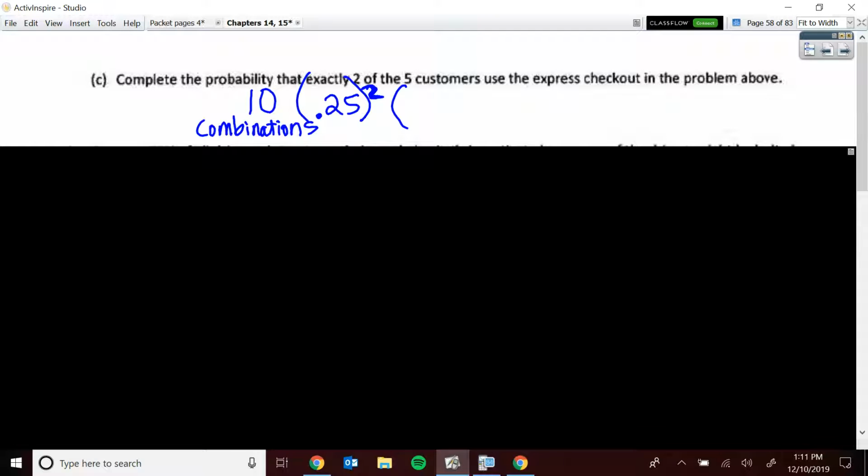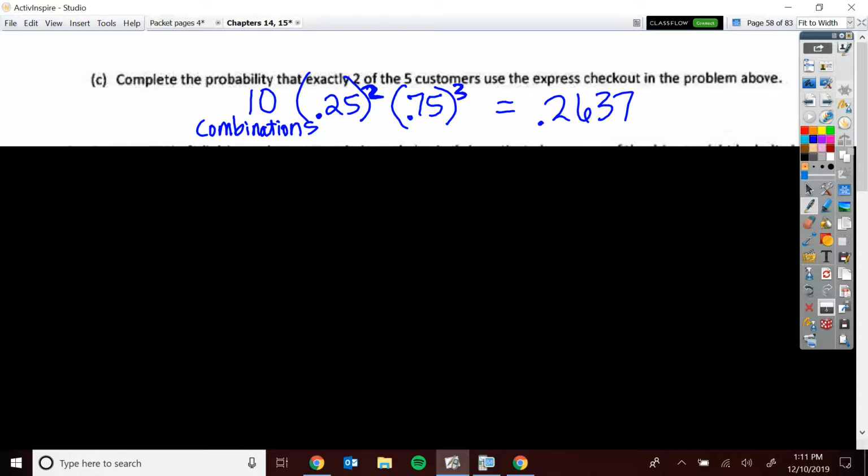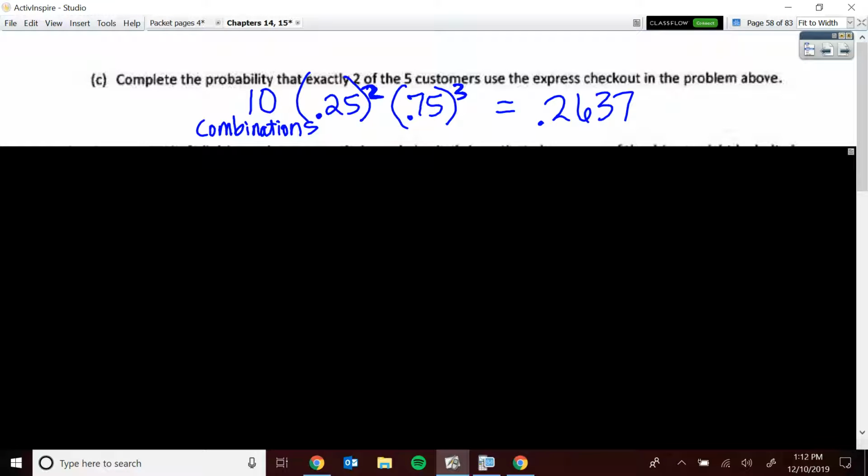And 0.75 is the failure, and there were 3 of those. When you multiply that all out, you get 0.2637. So if you go to Brookshire's or whatever, there's a 26-ish% chance that exactly 2 of them will be going through the express checkout lane.